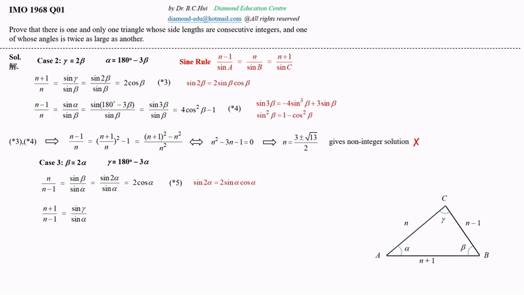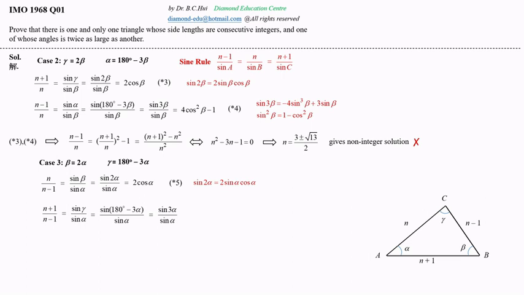Consider the two other sides again. n plus 1 over n minus 1 equals sine gamma over sine alpha, where gamma equals 180 degrees minus 3 alpha.